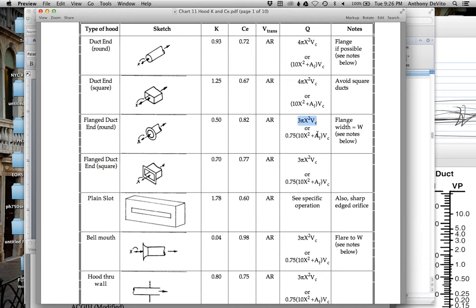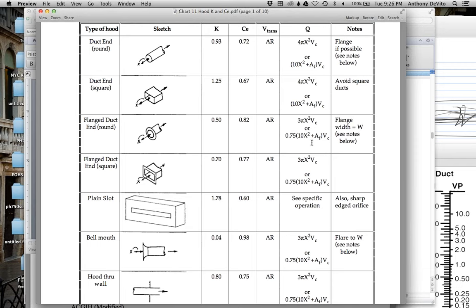This one is derived theoretically using a mathematical construct. This one is derived based on experience or manufacturer's recommendations for that type of hood. Mostly experience, in the case of this simple hood. So most people tend to use this second formula. You can use either one, but most people tend to use the second one.